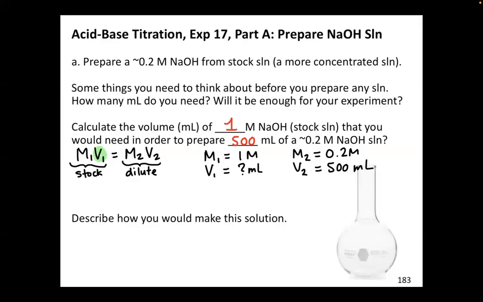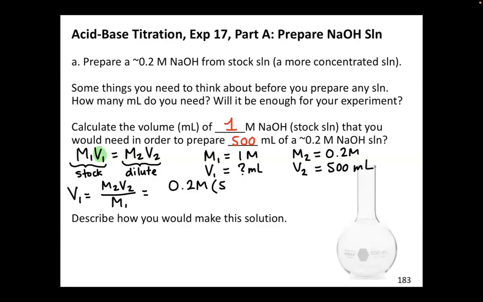Rearrange the equation to solve for V1. V1 equals M2V2 divided by M1. Let's plug in some numbers. Molarity of 1 is 1 molar. Oops, no, I need molarity of 2. We want to prepare a 0.2 molar solution.